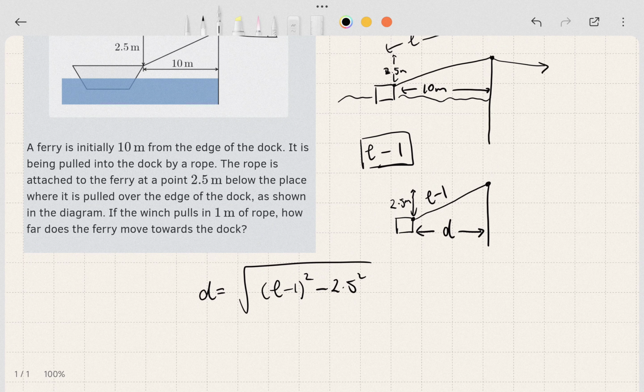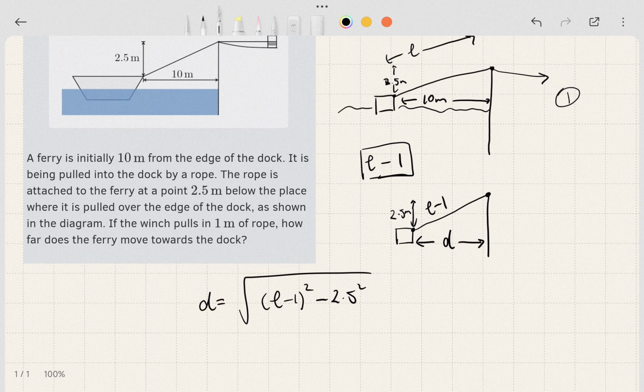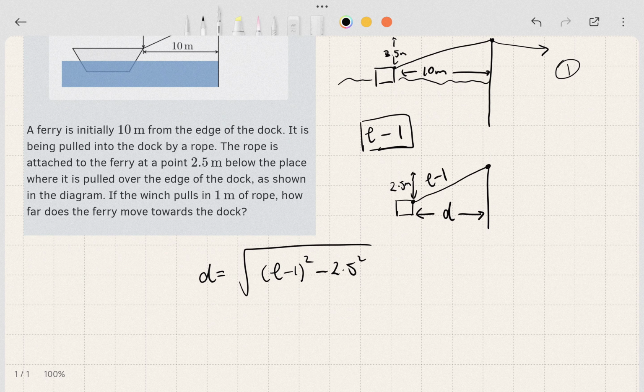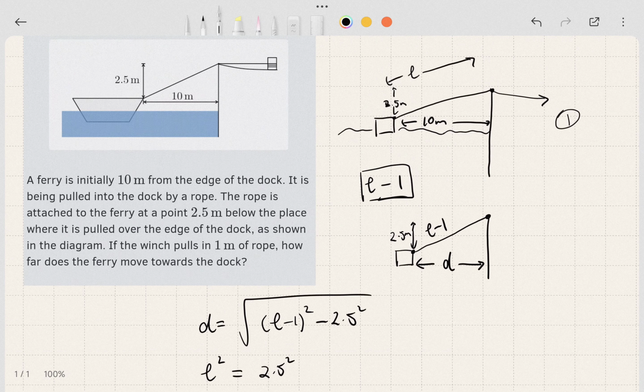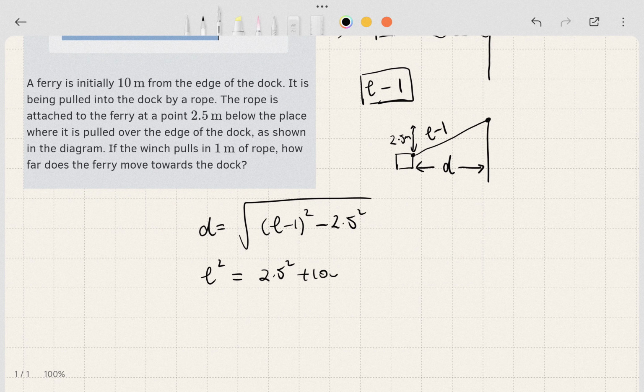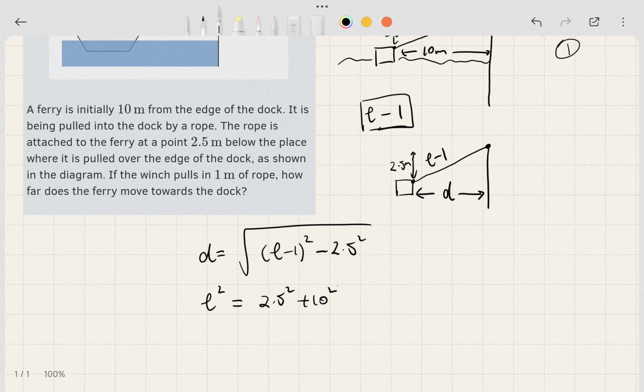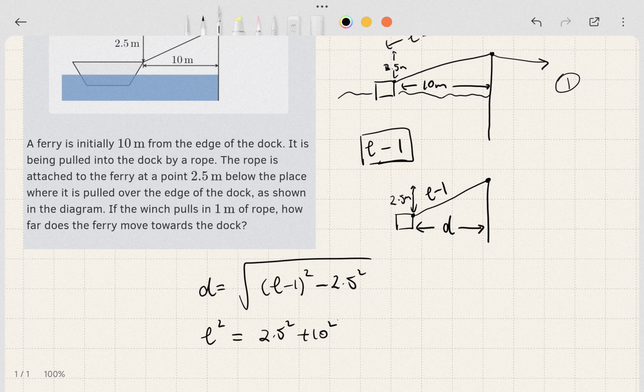And from the original scenario where the boat was not yet pulled, according to Pythagoras, L squared is equal to 2.5 squared plus 10 squared, sorry, 10 squared.